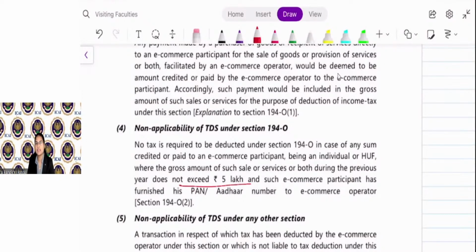Yes, then the TDS is not required to be deducted. If the value is more than 5 lakh, then the TDS is required to be deducted on the entire amount. See here, they have not written that the TDS is required to be deducted on the amount exceeding 5 lakh. Okay. So no TDS is required to be deducted when the gross amount of sale of goods or service or both of the e-commerce participant during the previous year is less than 5 lakh rupees.